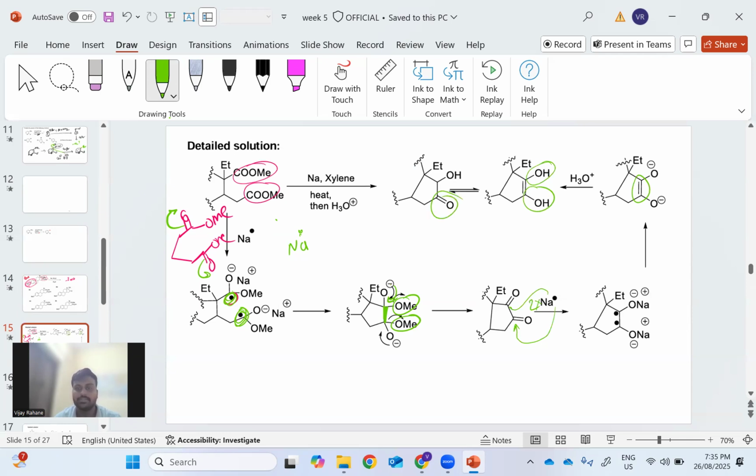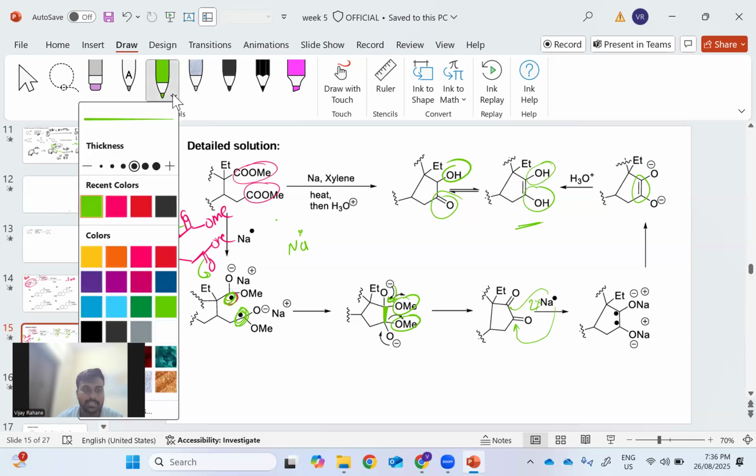By tautomerization, it got converted to one keto and one alpha keto alcohol. So this is how it gets converted into the alpha hydroxy keto group, and also the cyclization takes place throughout the course. So this is some of the complicated reaction mechanism.